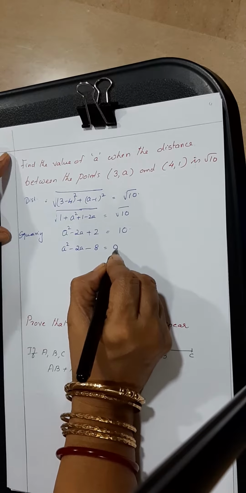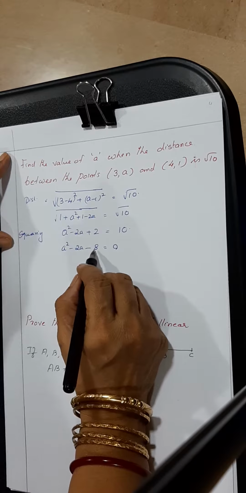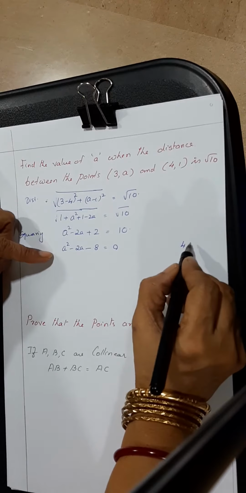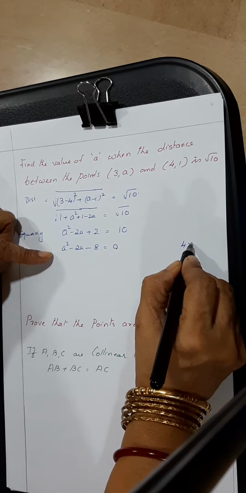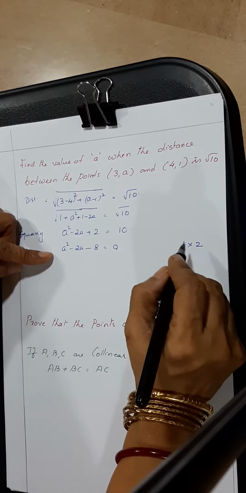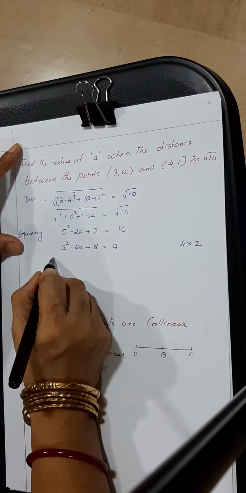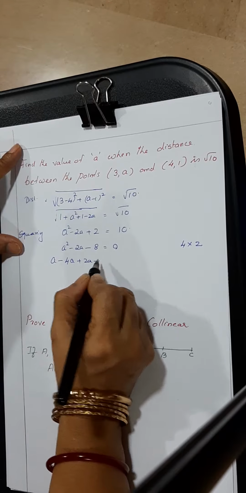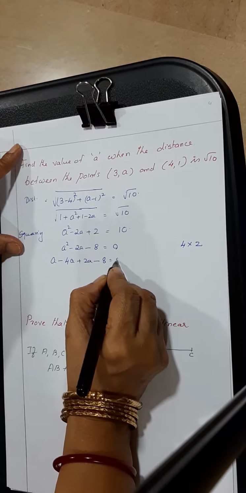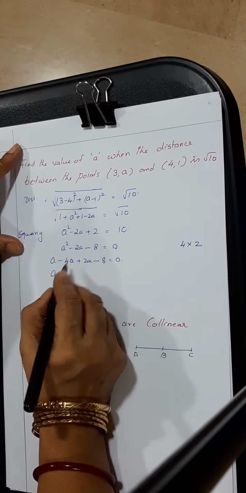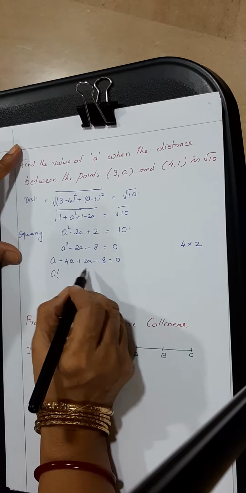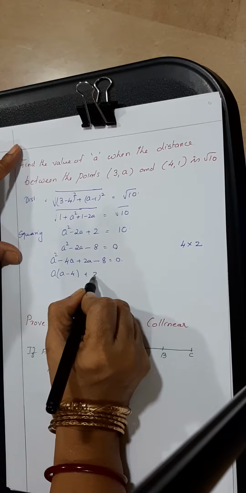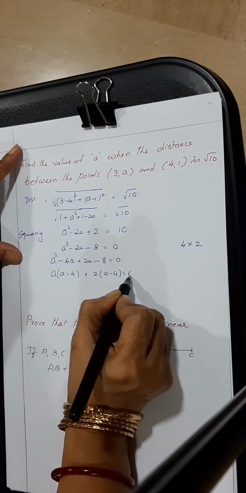Now, we have to find the value of a. Now it is a quadratic equation. So 8 is 4 into 2, you can do it with splitting of the middle term. So it is a squared minus 4a plus 2a minus 8 is equal to 0. So a into (a minus 4) plus 2 into (a minus 4) equal to 0.